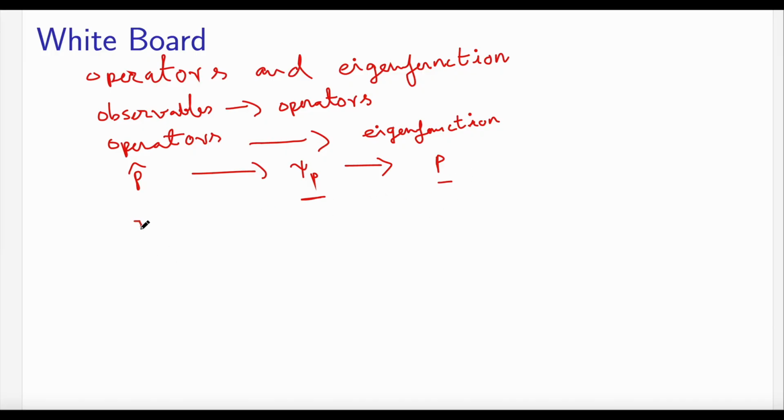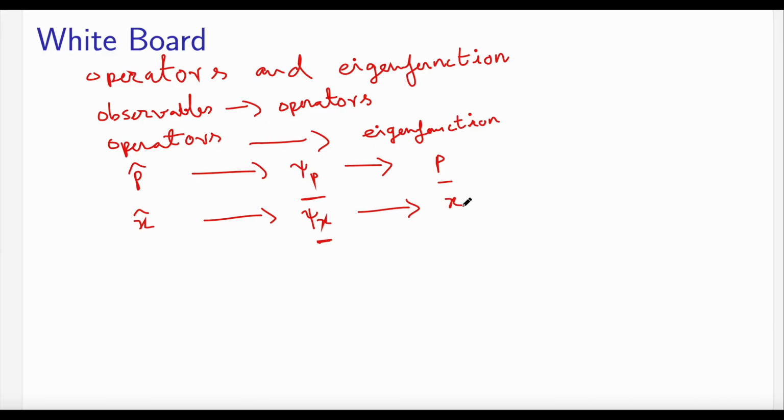Similarly, we can have a position operator, which will have eigenfunctions psi x. When I say psi x, that means when I measure the position of the particle in this quantum state, then we always get x.